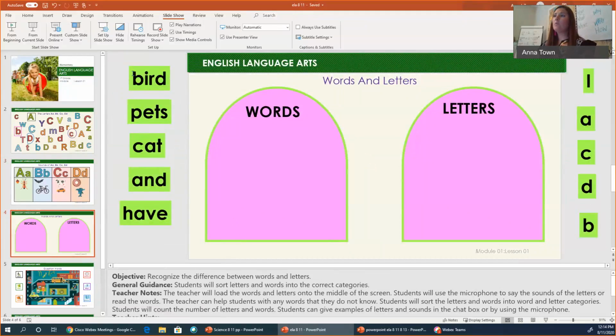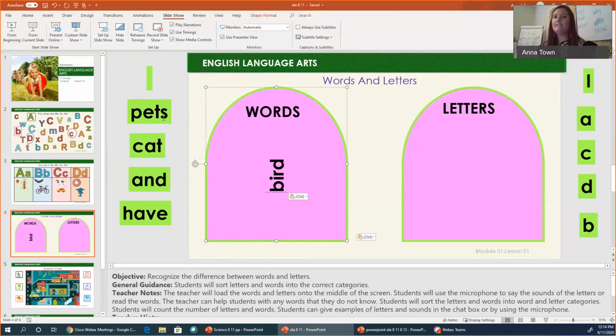Our examples for words are bird. Oh, it's looking a little wonky, I'm sorry. I'm going to just read them. So bird is a word. Pet is a word. Cat is a word. And is a word. Have is a word.